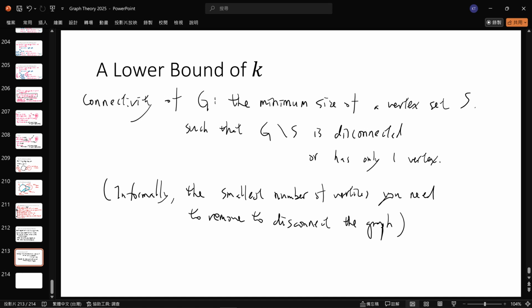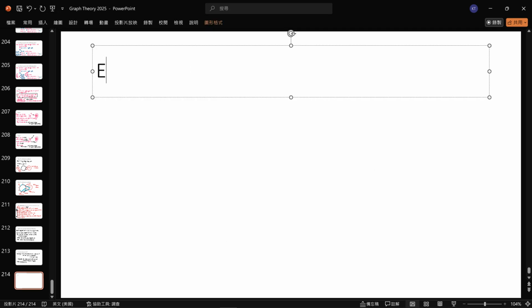Some examples. And before I give you the example, we will use kappa G to denote the connectivity.